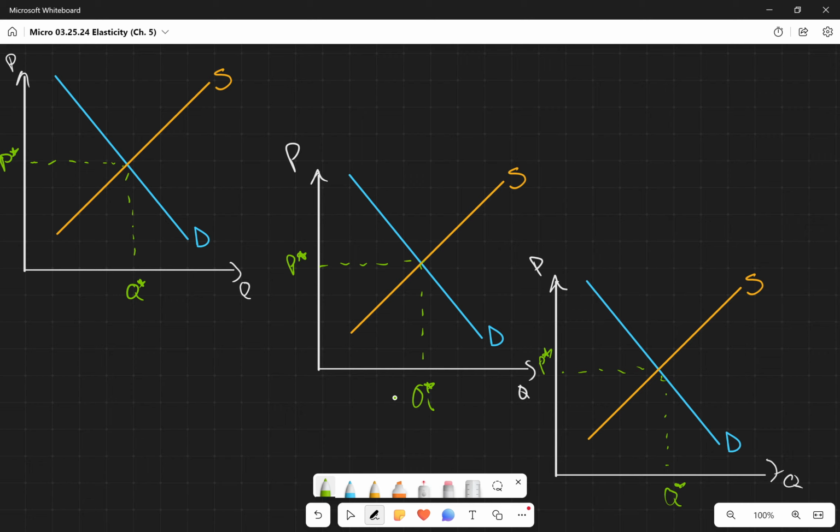So for this graph up here, I'm going to do shifts that are exactly the same size. So we have a demand increase, and then we have a supply decrease.